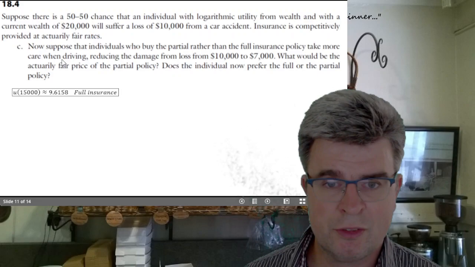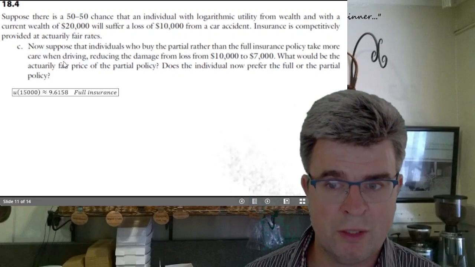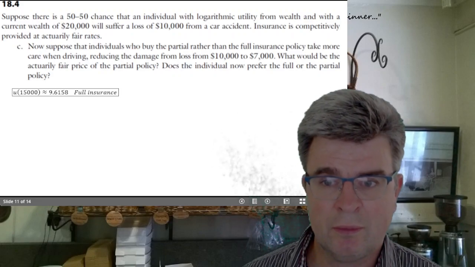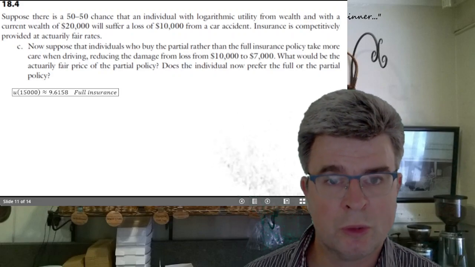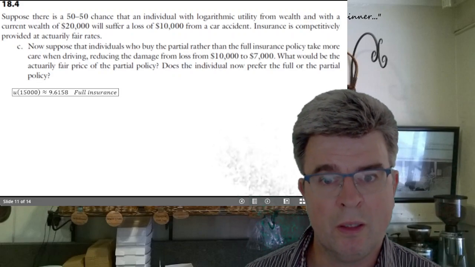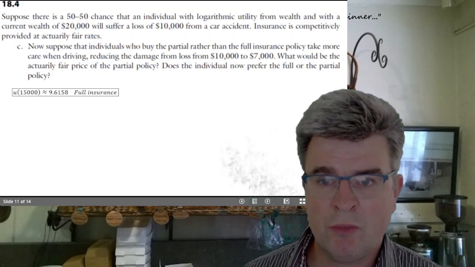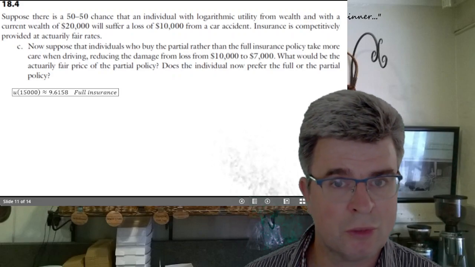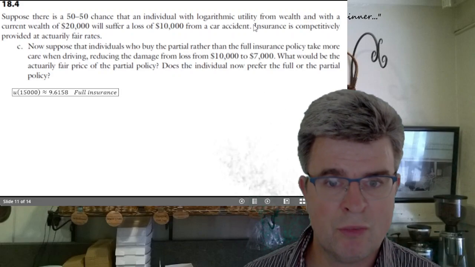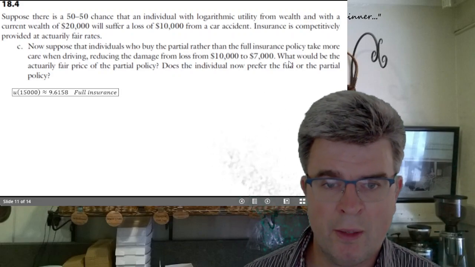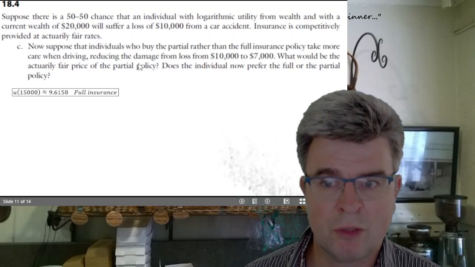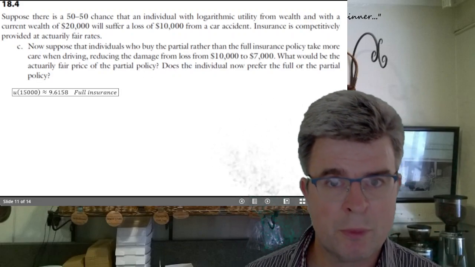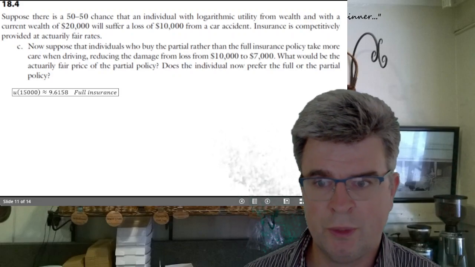And if this is information that the insurance company also has, then these people will also be offered a lower premium. So if you buy partial insurance, then you are a safer driver and the damage of the loss is not 10,000 but only 7,000. So what would be the actuarially fair price of this partial policy, and what would the individual do? Would he now prefer partial insurance over full insurance?